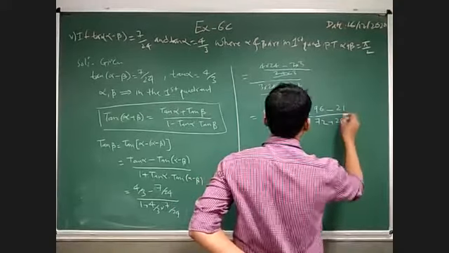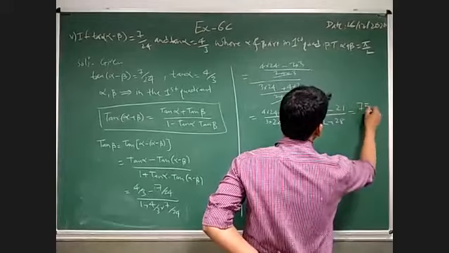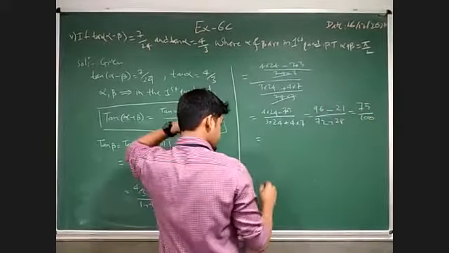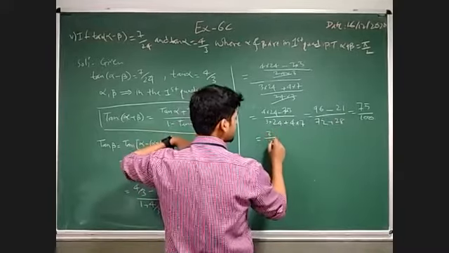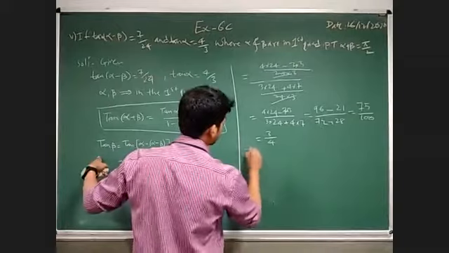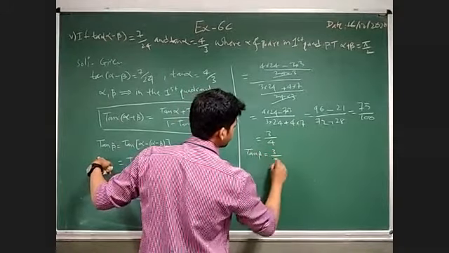So here I will have 75 over 100. After simplification, I will have 3 by 4. So here I got tan beta is nothing but 3 by 4.